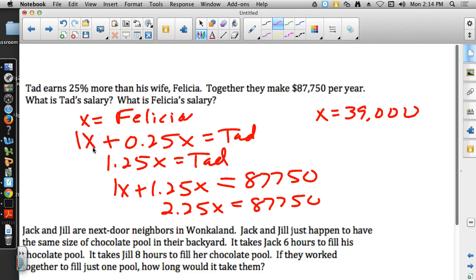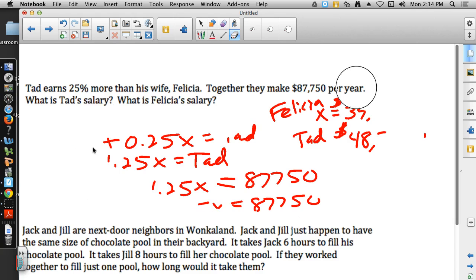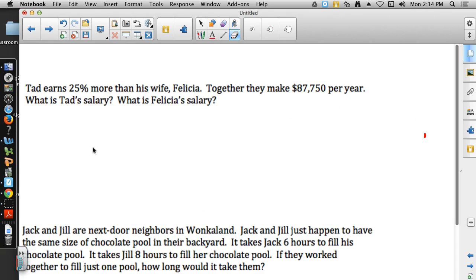That is Felicia's earnings. And Tad makes 125% of that, so if we take that times 1.25, he will have $48,750.